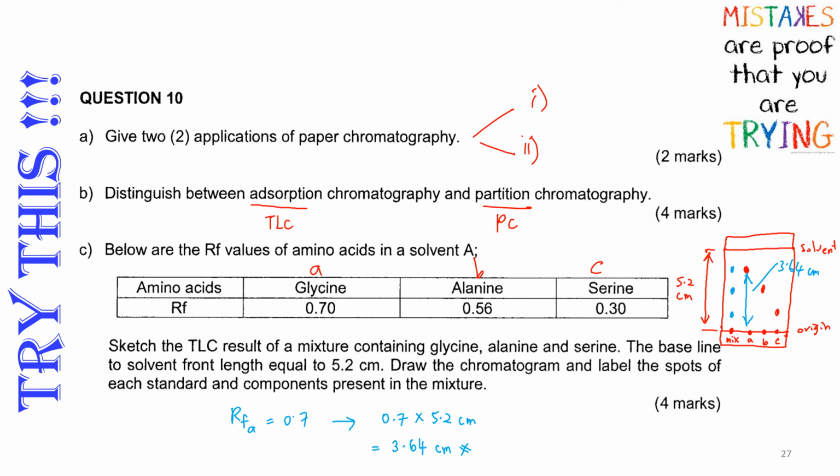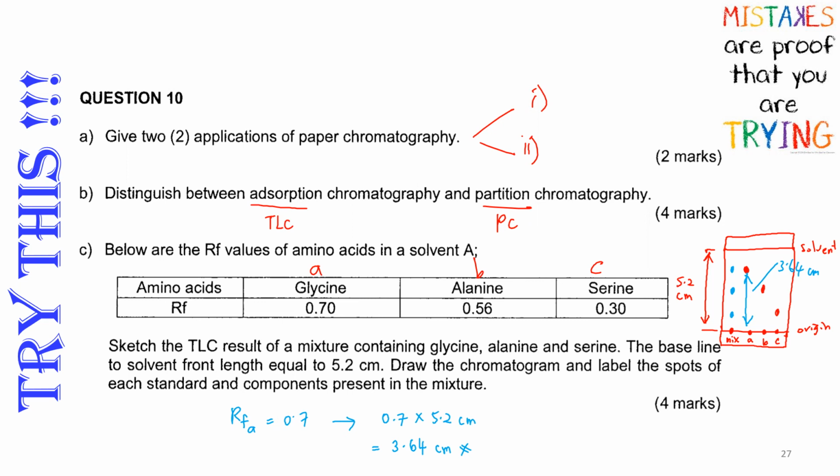And then below are the Rf values for amino acids in the solvent, so I put A, B, C here. With glycine A, alanine B, serine C. So sketch the TLC. This is a common question.